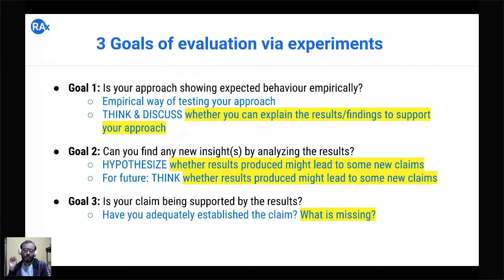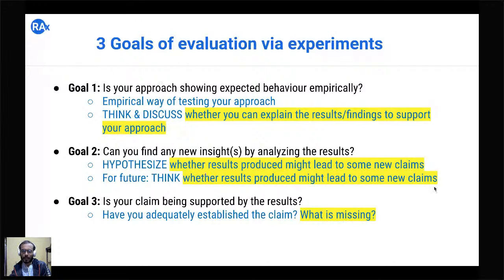Another interesting thing you can do when you are analyzing the results: if you get something new out of it, you may not want to include it in your current paper, but it may be a source of future work. You can start thinking, can it lead to some new sort of insight?